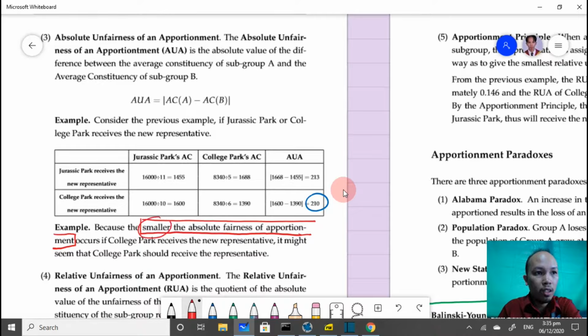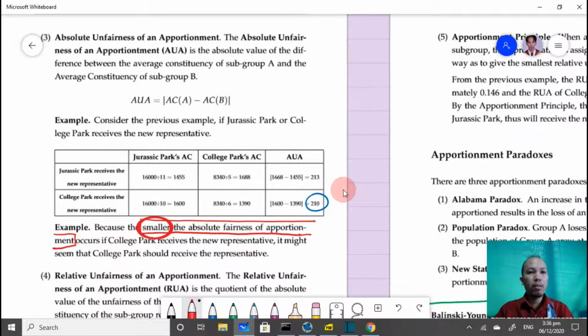In this example, but this is not always the case. It is not always the case that you will consider the smaller absolute unfairness of apportionment. It depends upon the example.